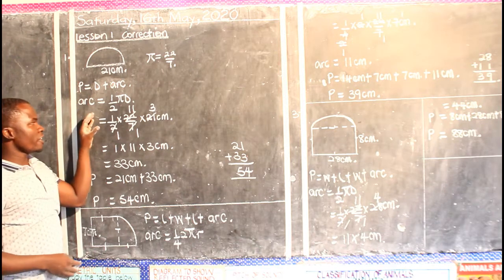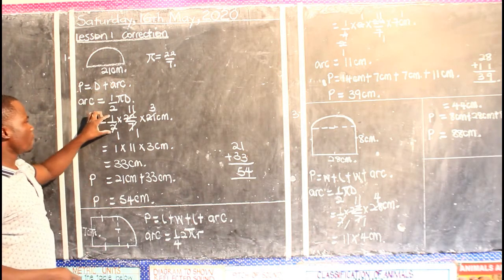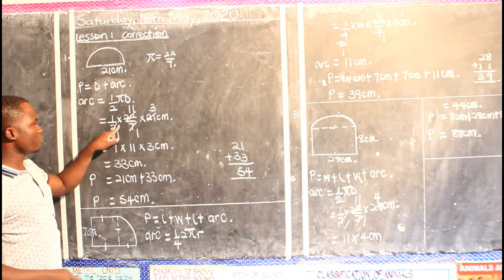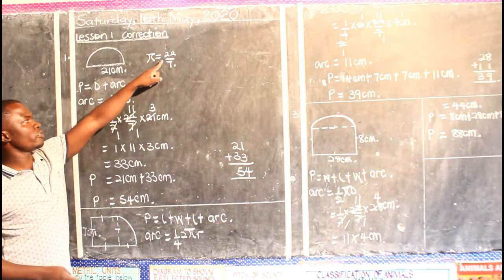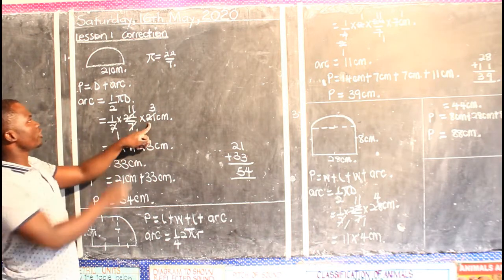We come down and now we substitute. The half will come here times the pi. We said we shall use 22 out of 7, times the diameter, which is 21.